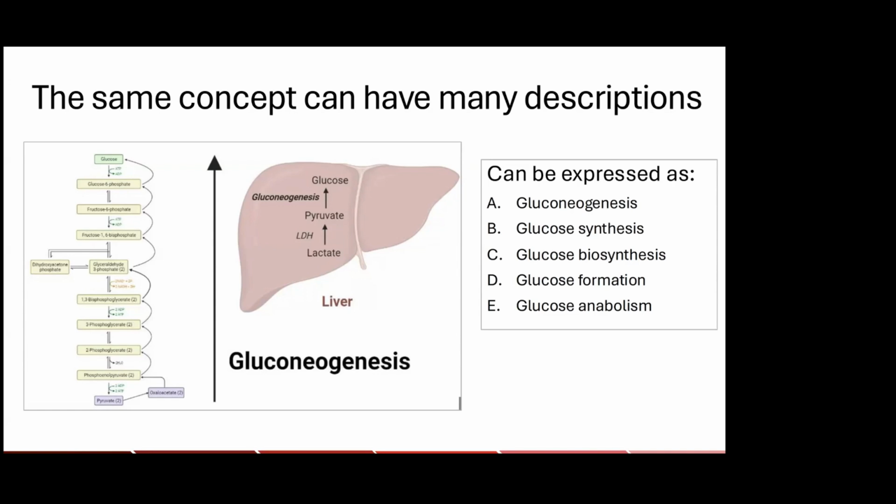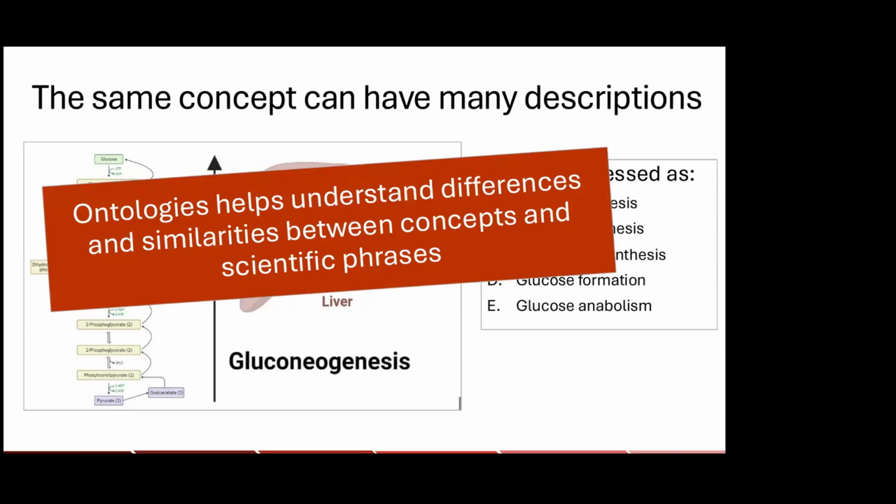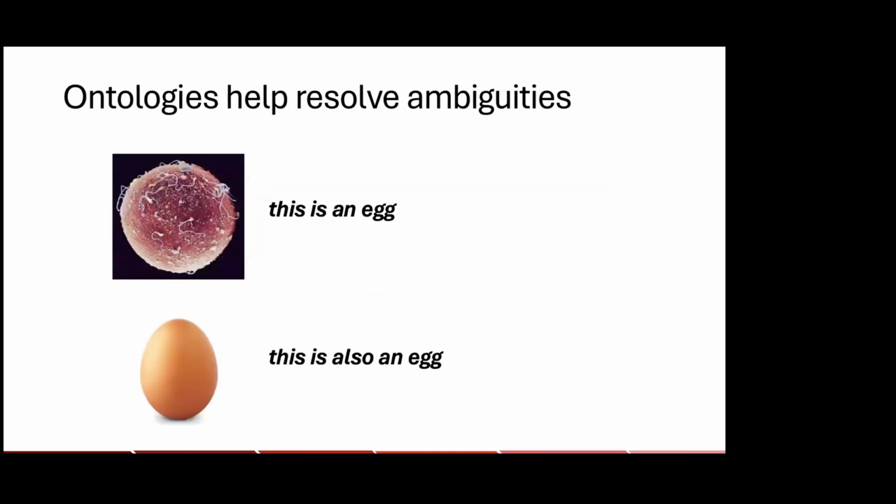So GO uses synonyms extensively and describes the concept very clearly in order to make sure that these things are captured. It helps to understand differences and similarities between concepts and scientific phrases that you can find in the literature.